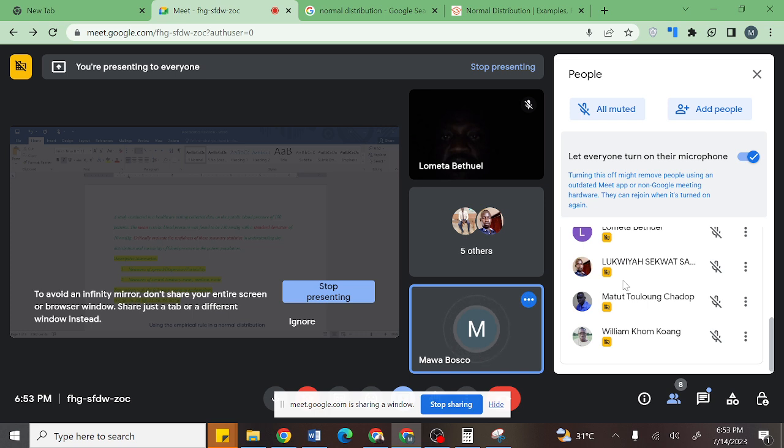How far is a given data value from the mean? If you have a standard deviation of 1 from the mean, it means you have moved plus 34% and also minus 34% on each side of the curve.